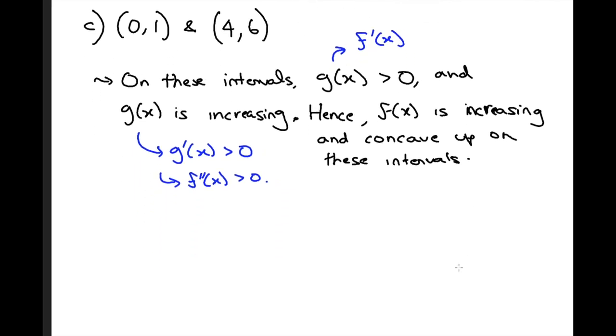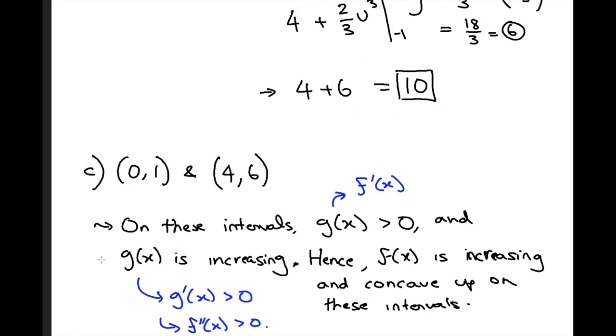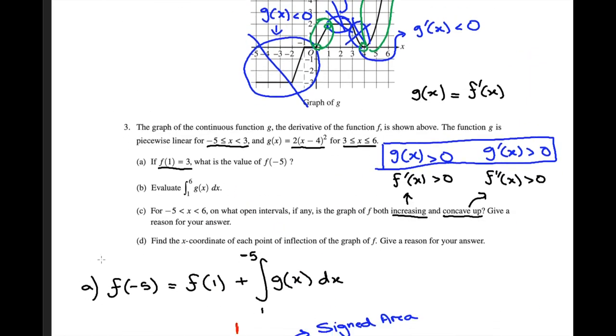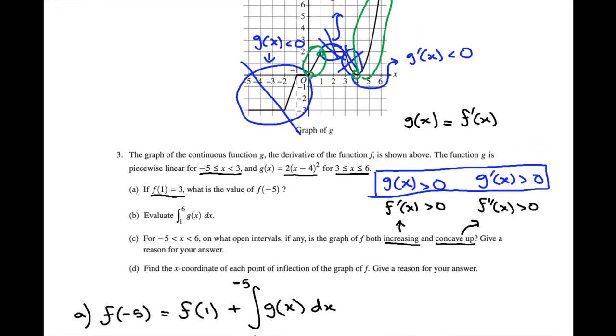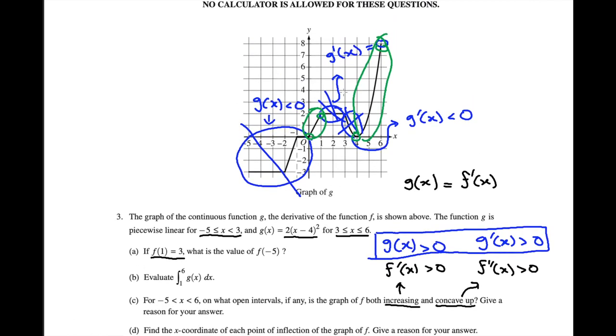Last but not least, we will work on part D. That one tells us we want to find the x-coordinate of each point of inflection on the graph of f. Once again, I'm going to erase all this just to make things a little bit easier for us.